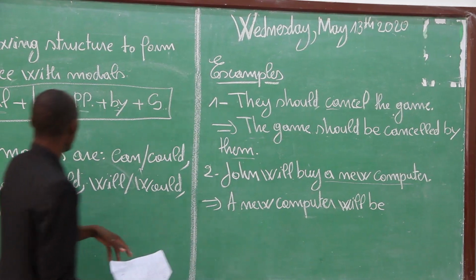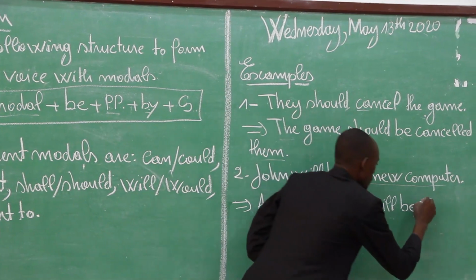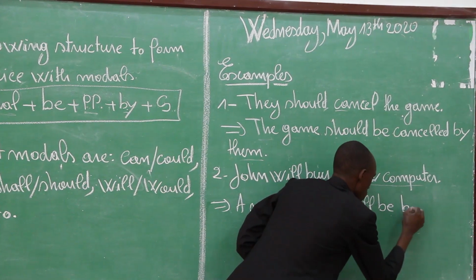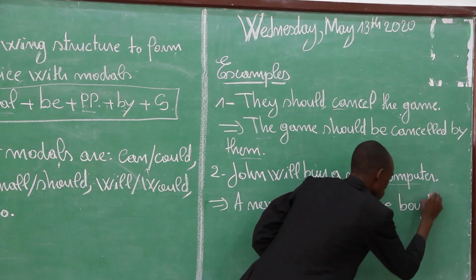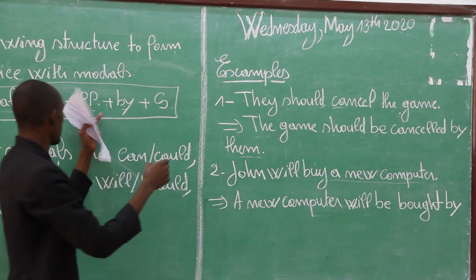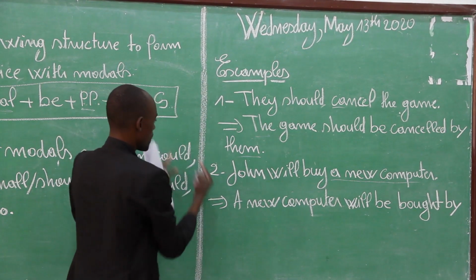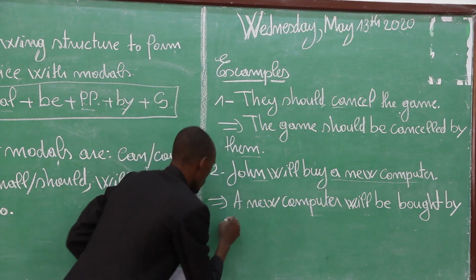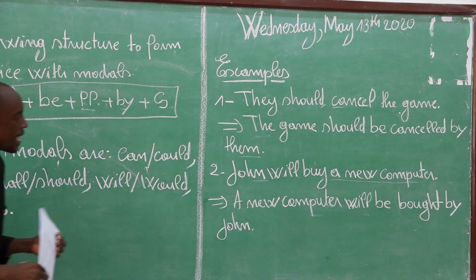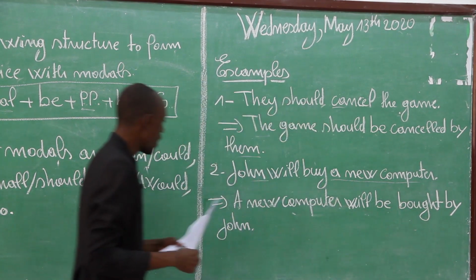And after be, we take the past participle of the verb buy: bought. Followed by the agent, by the subject. In this sentence, the subject is John. By John. Here, John is used as the agent. Yes, a new computer will be bought by John.